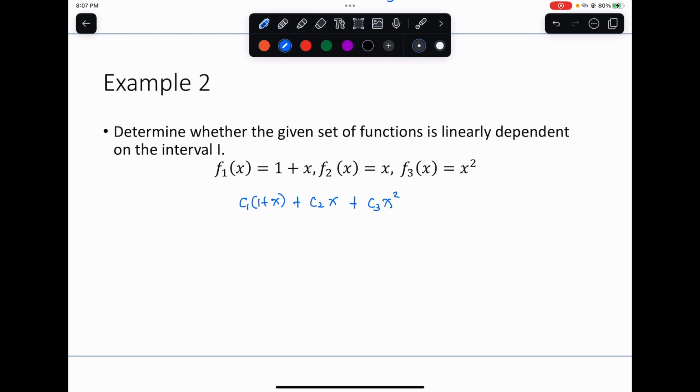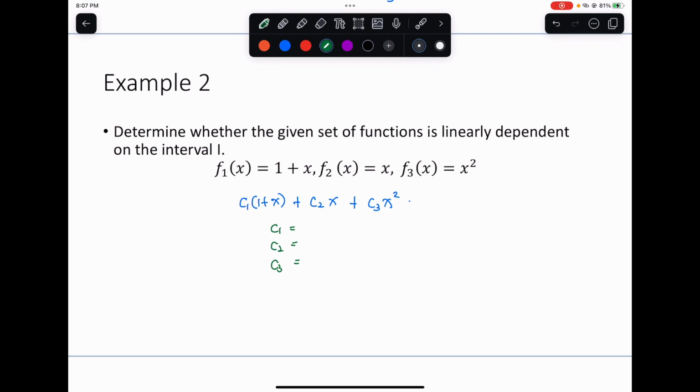That's the combination. We need to find the values of C sub 1, C sub 2, and C sub 3 to make this equal to 0.